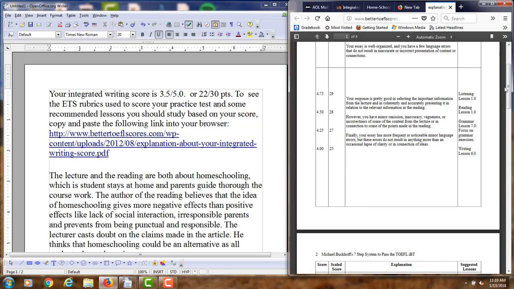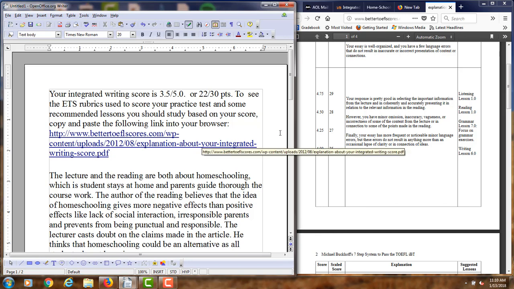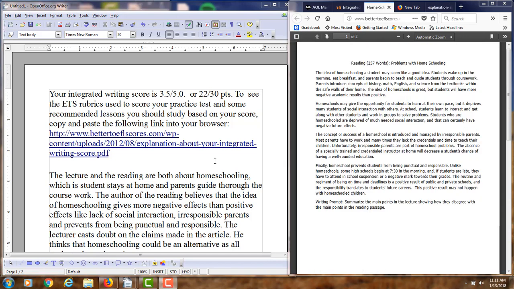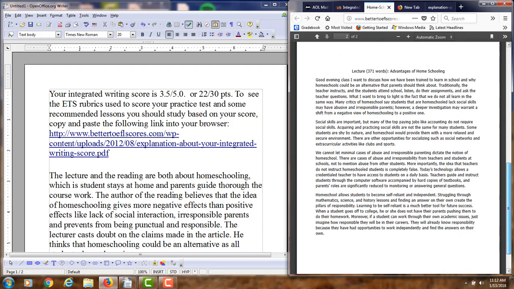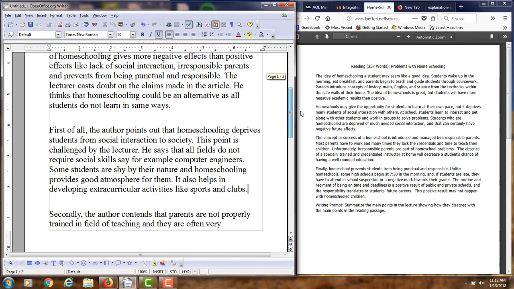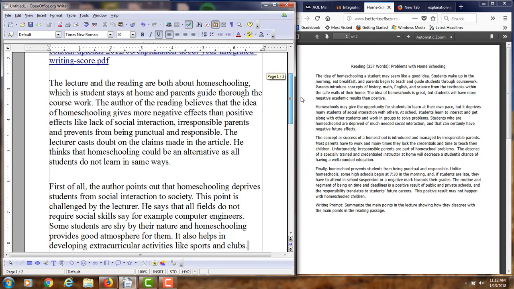You have a few language use issues that you can work on, and I think some of these changes will make a difference in your overall score. All right, so I have the reading and the lecture on the right side of my screen here, and I have what you wrote on the left side. So now let's work with what you have.